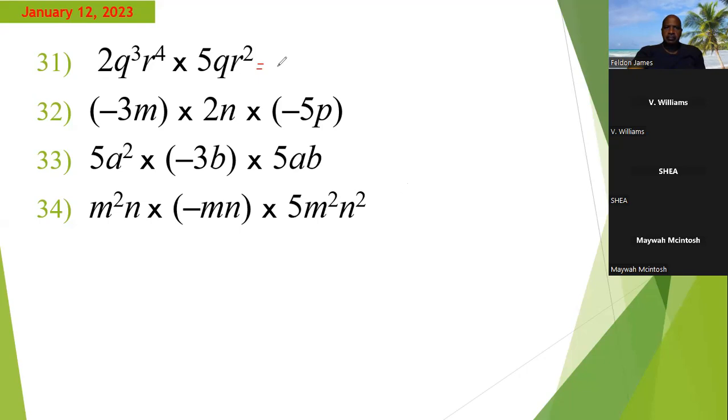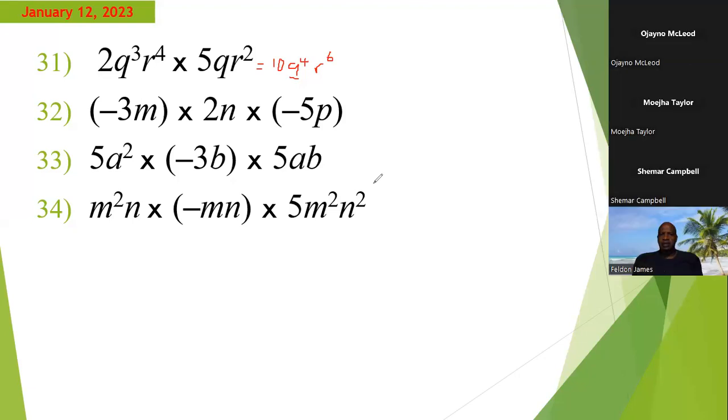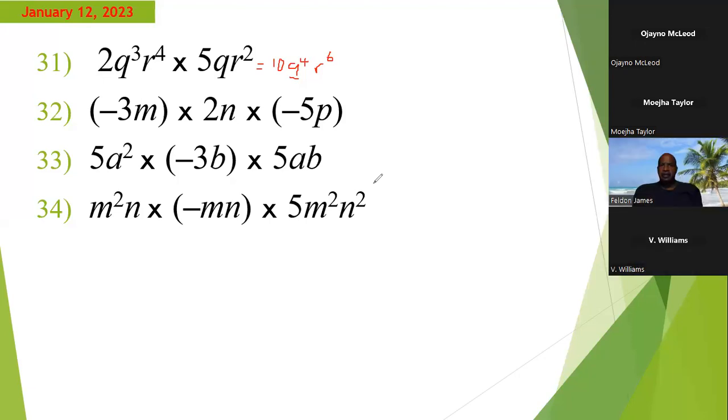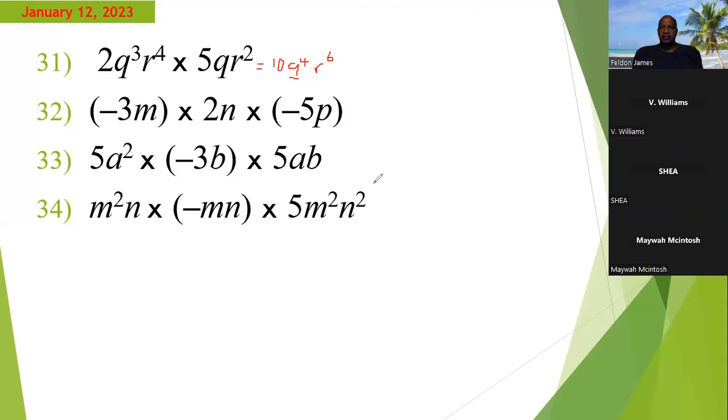Negative 10 q to the fourth r to the sixth power. Yes, sir. All right. Anybody else got that answer? Let me see your hand if you got that answer. All right. Very good, guys. So who is going for question 32?